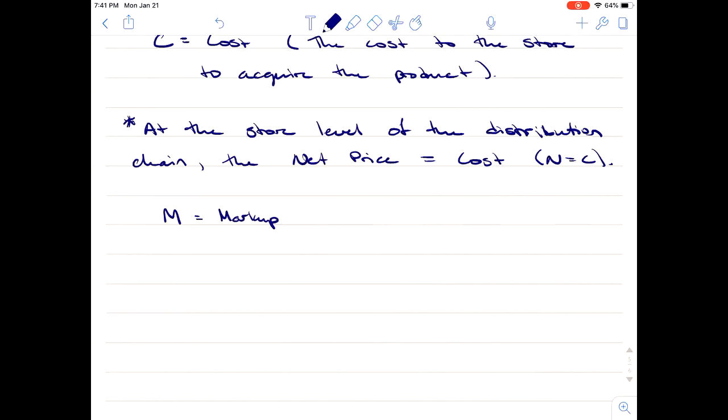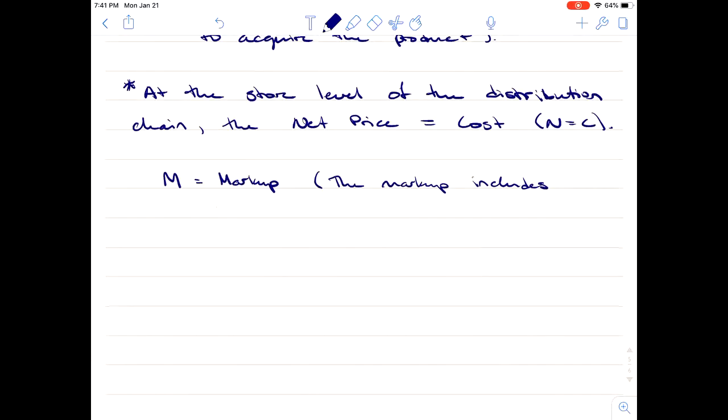You have to cover those, and also your profit. So the markup includes the overhead expenses, as well as the profit.